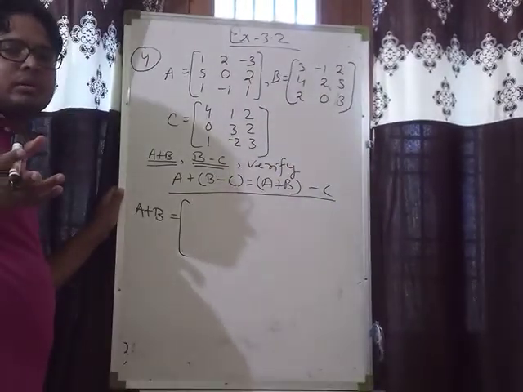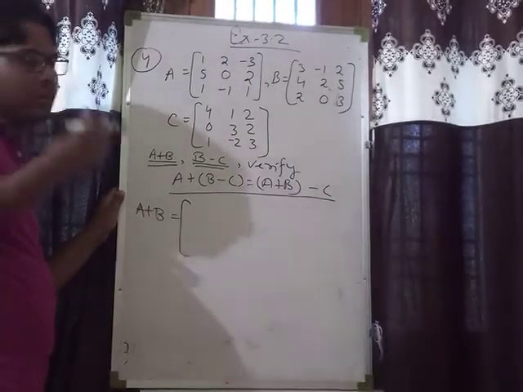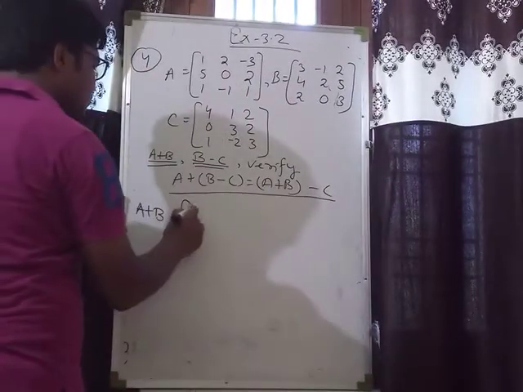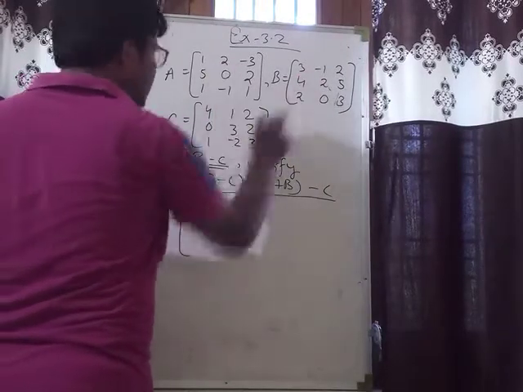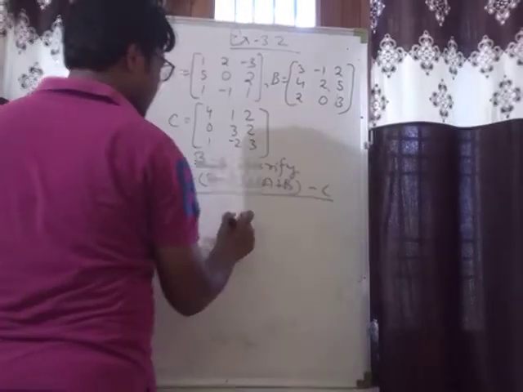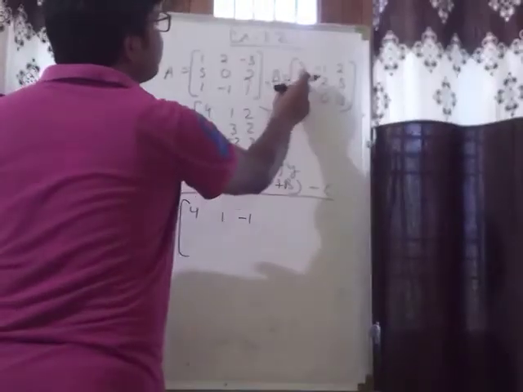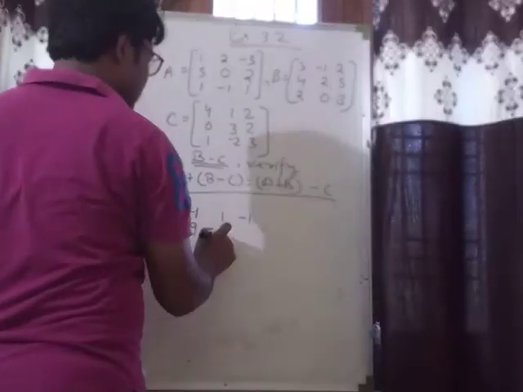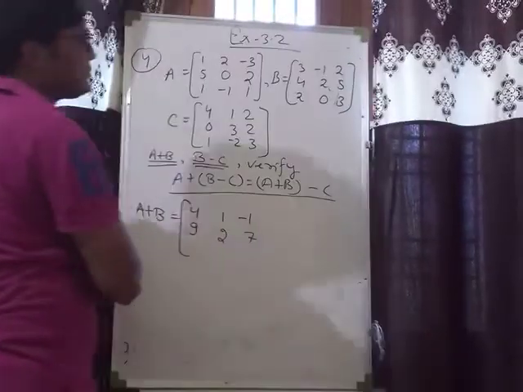Clearly A plus B will be what? Sum of corresponding entries. Okay? So A plus B will be 1 plus 3, that is 4. 2 minus 1, that is 1. Minus 3 plus 2, minus 1. 5 plus 4, 9. 0 plus 2, 2. 2 plus 5, 7.